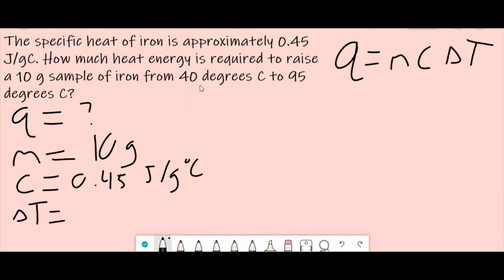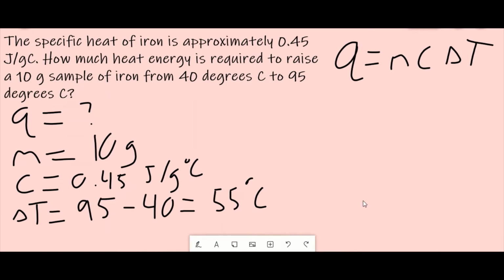So it went from 40 degrees to 95 degrees. Remember, we take our final and then subtract our initial. So it would be 95 minus 40, which is 55 degrees Celsius. And if you put it in Kelvin, you just do 95 plus 273 minus 40 plus 273, and it's just going to end up being 55 also.